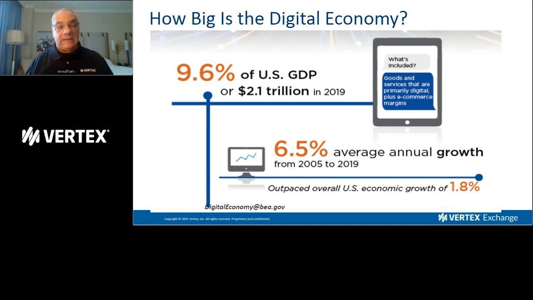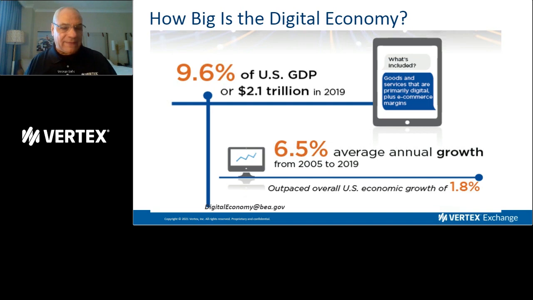In 2019, 9.6% of the U.S. GDP, or $2.1 trillion, had to do with digital, literally digital nexus, I would call it, activity. In other words, e-commerce, sales, streaming, and other types of digital activities.